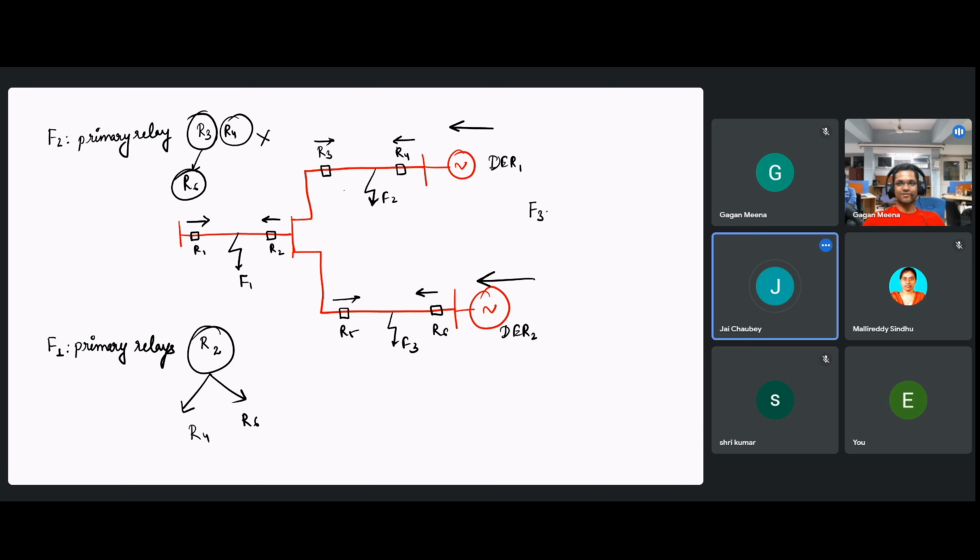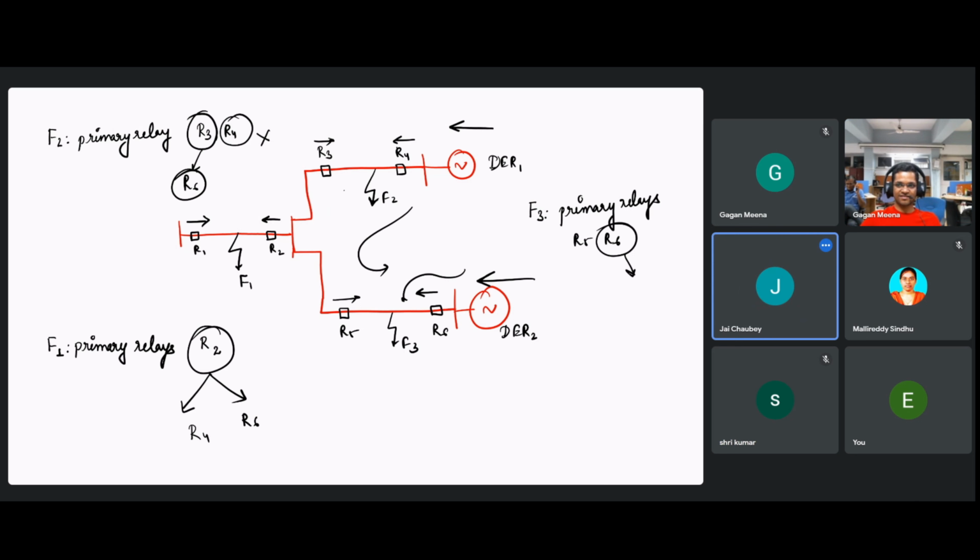So for F3, tell me the primary relays. F3, R5, R6 both are primary relays. Correct, because we have current from here also, and current from this direction also. So now tell me the backup for R6.